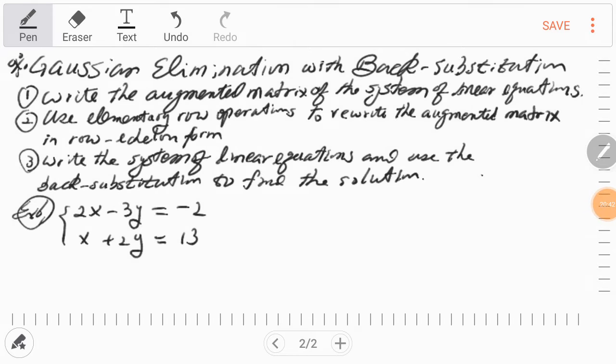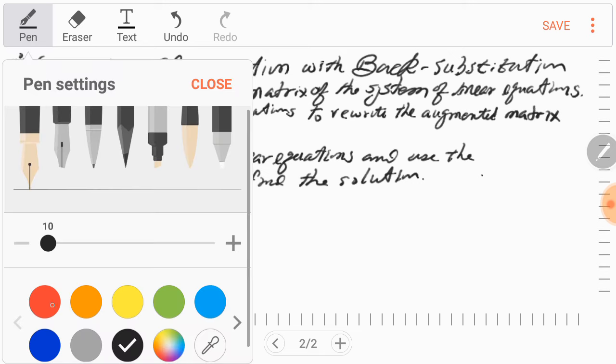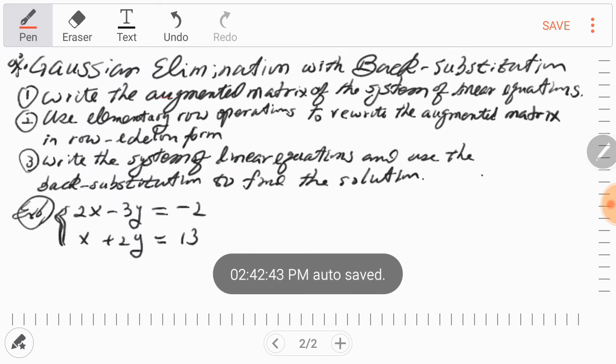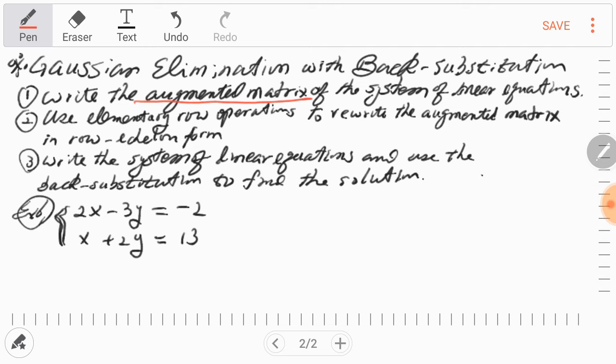Okay, in this example, we will note the definition of Gaussian elimination with back substitution. In order to solve the system of equations, first we need to rewrite the augmented matrix of this system of equations. So why don't we rewrite it like this?